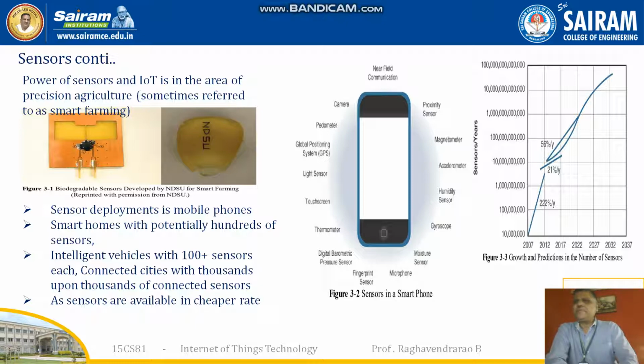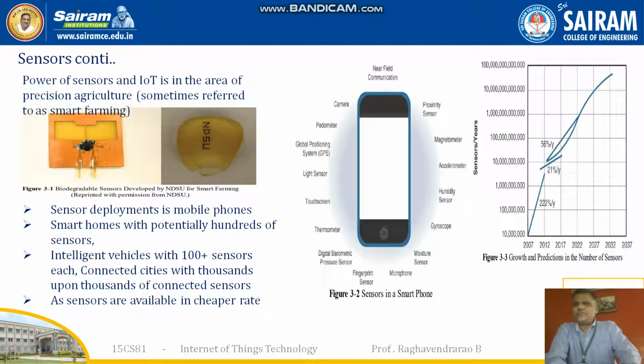Then we have magnetometer, which is used for the compass. Then we have accelerometer, humidity sensor, which checks for the humidity, gyroscope, moisture sensors. By using IoT, it is possible to make all these things.